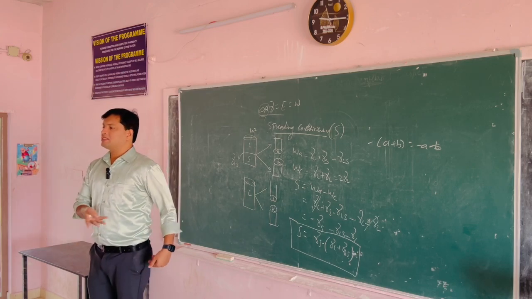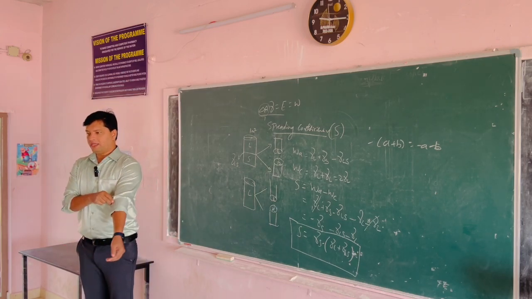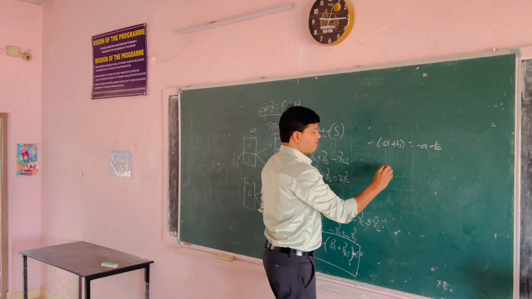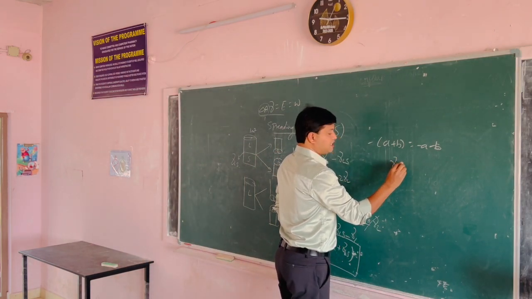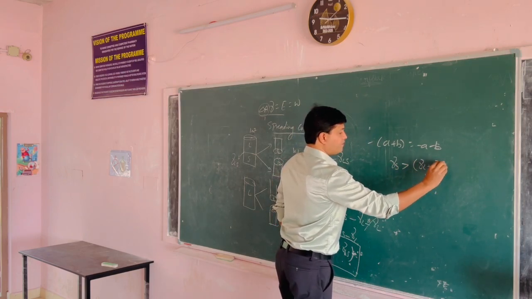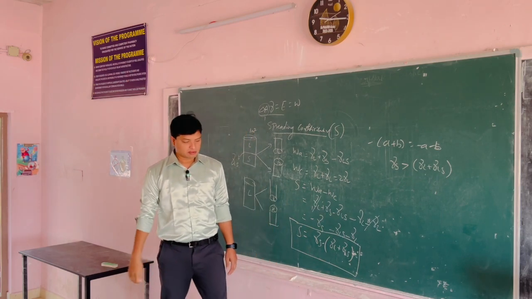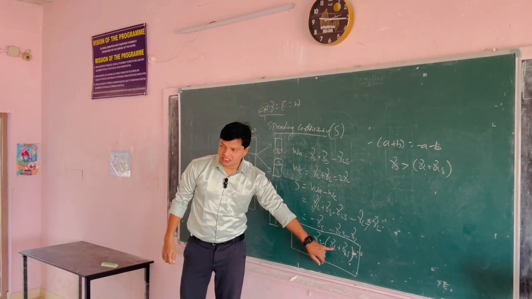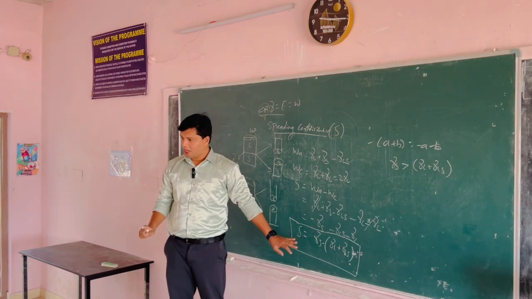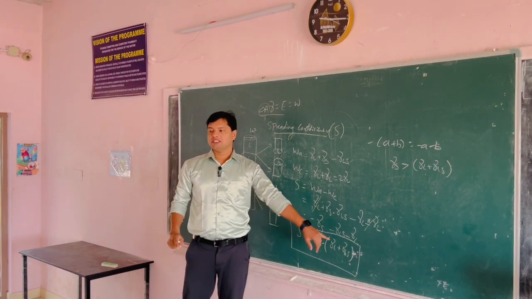Sir, we created the equation. Now you tell me what is the use of this. What it is saying is, if this value is more than this value, will the overall value be positive or negative? Positive. Hence there is spreading.